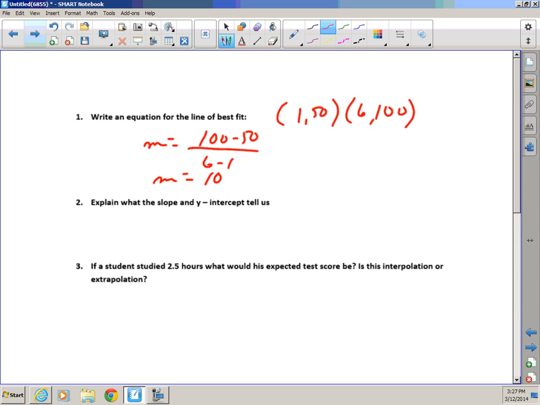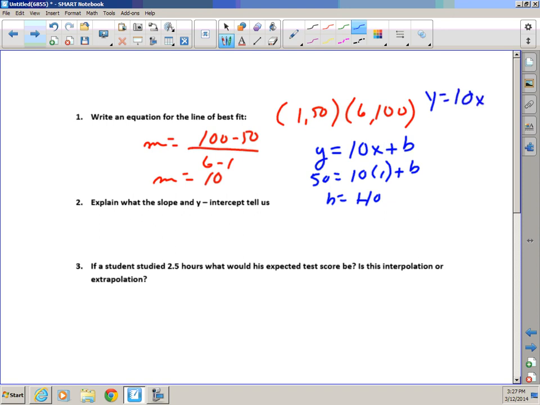Okay. I can then figure out that y equals 10x plus b, put 50 in for y and 1 in for x, to find that b is 40, so that y equals 10x plus 40. Now, what does my slope and y-intercept tell me?